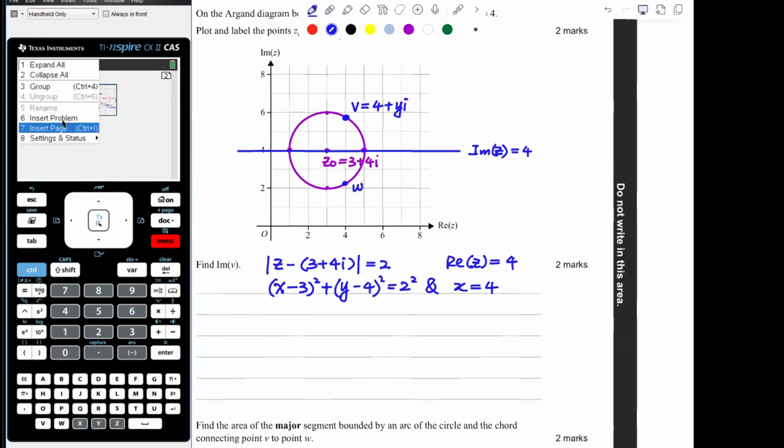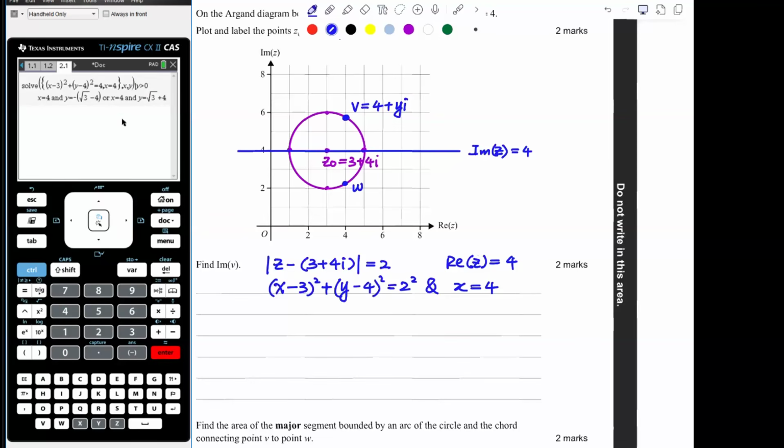For example, you can do a solve command: (x minus 3) squared plus (y minus 4) squared equals 4, comma x equals 4, comma x, y, given that y is larger than 0. So you actually get, let's say, actually y larger than 4 rather than larger than 0.